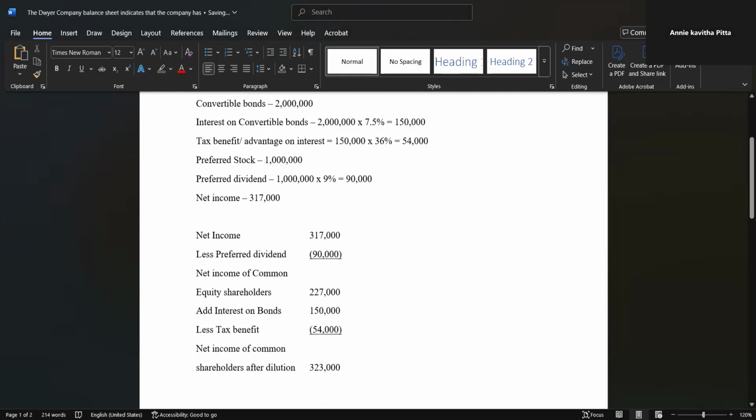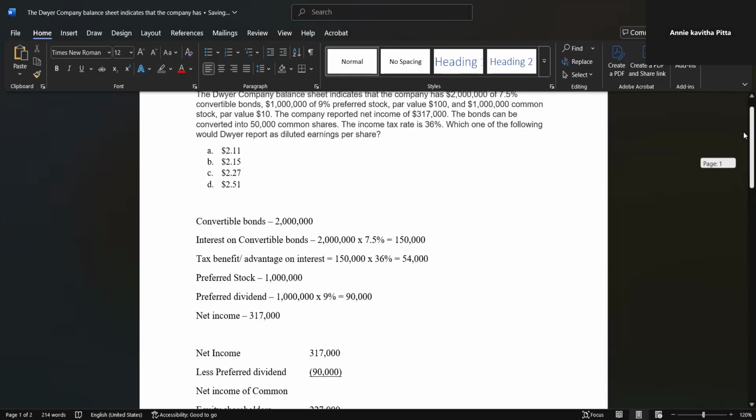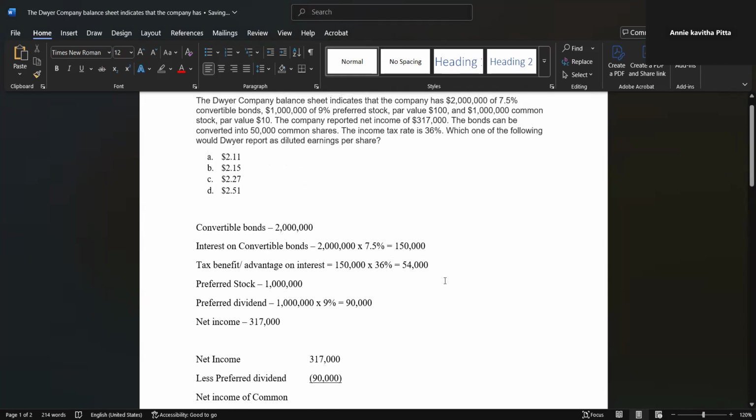Now the number of common equity shares. Common stock is 1 million, par value is $10.